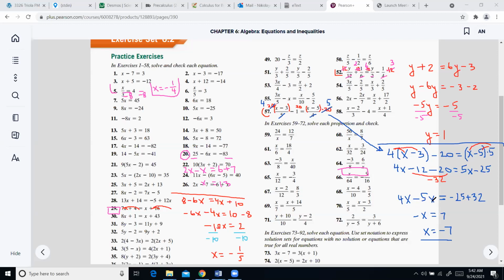I say, okay, does the next group of problems also have denominators? And the answer is yes. You can do the same exact procedure to do problems like number 67, for example. What is the same procedure? Get rid of the denominators. Find the common denominator and multiply both sides by it.